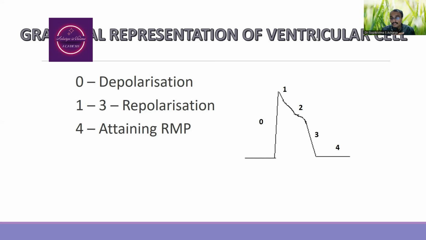On the y-axis is the potential difference, and on the x-axis is the time parameter, wherein 0 is depolarization. 1, 2 and 3 consist of repolarization events, and 4 is attaining resting membrane potential. So these are the activities happening in the myocardial cell, specifically the ventricular cell.